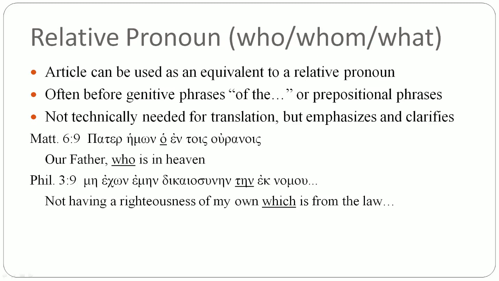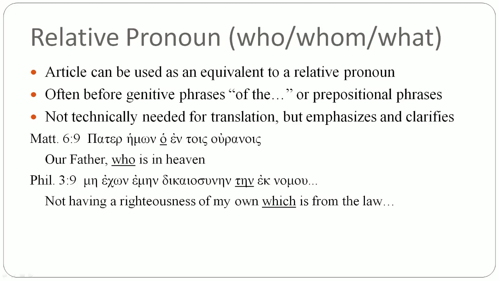King James English, if you probably memorized it that way, our Father who art in heaven, our Father which art in heaven. In modern English, our Father who is in heaven. Now, notice, first of all, you don't really need that relative pronoun there. It's still proper English to say just our Father in heaven.